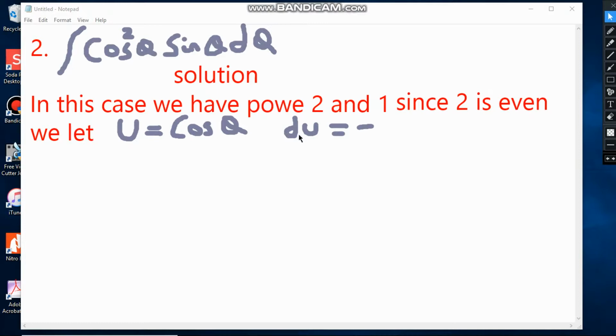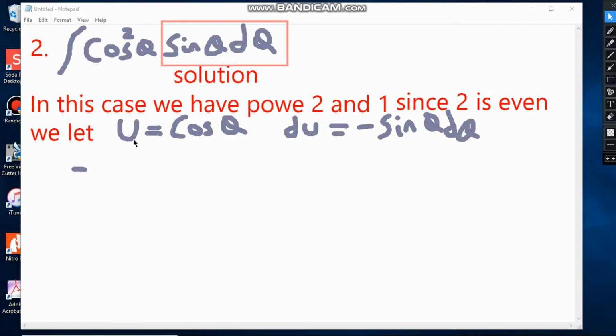So when we differentiate u with respect to theta, we get negative sine of theta d theta. We let u is equal to cos theta because it is under power of 2, and sin theta is under power of 1.